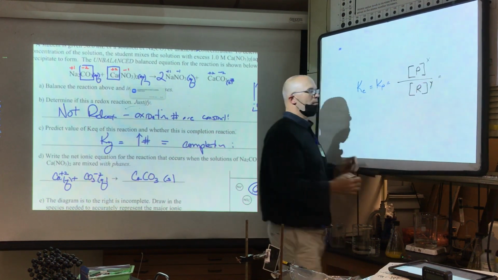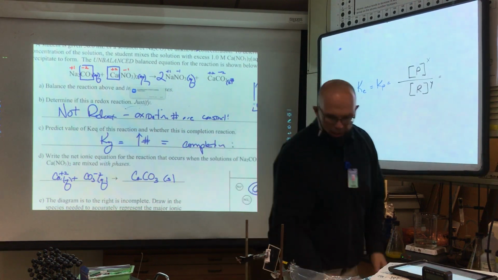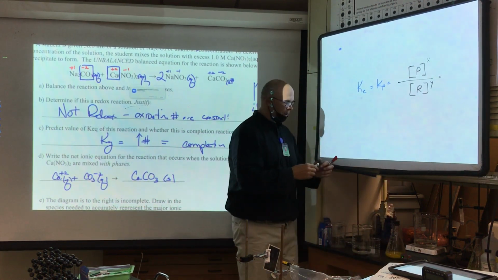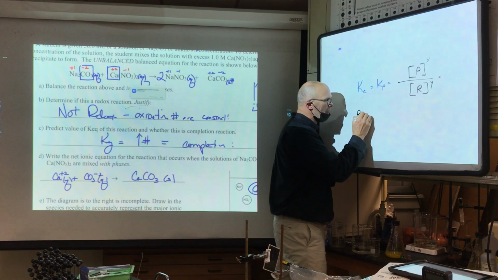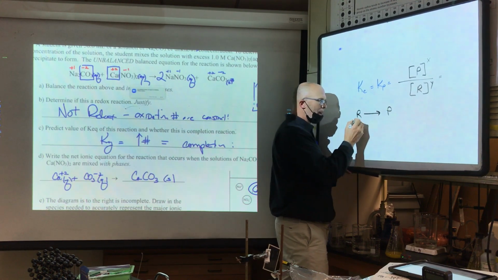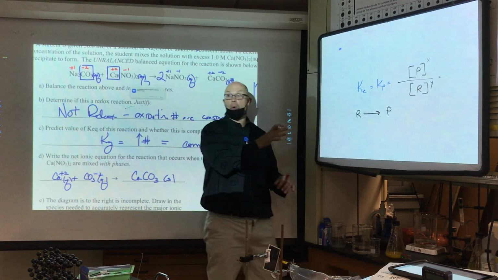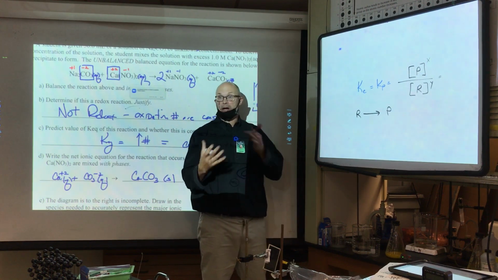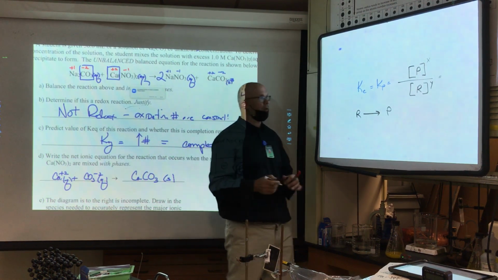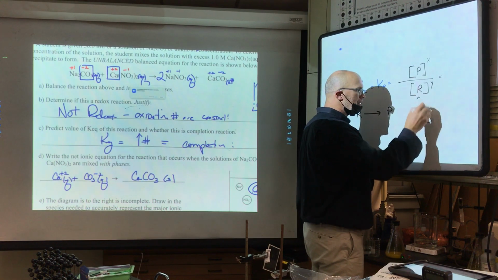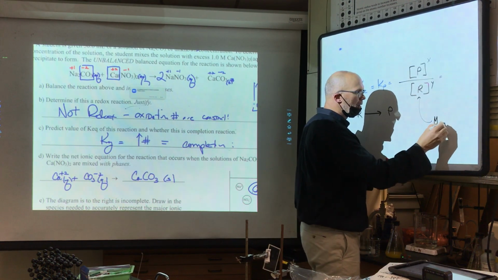And what does it tell me? Very simply, if a reaction goes forward, here's my reactant becoming my product, and by the way, it's got to be a gas and or aqueous because those things have concentrations, molarities. Don't forget the brackets represent molarity.